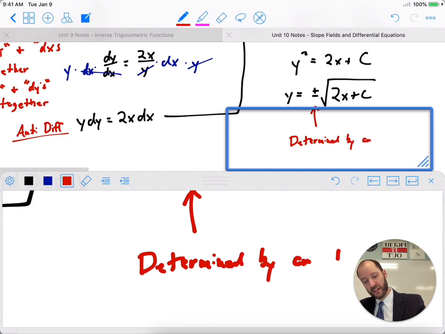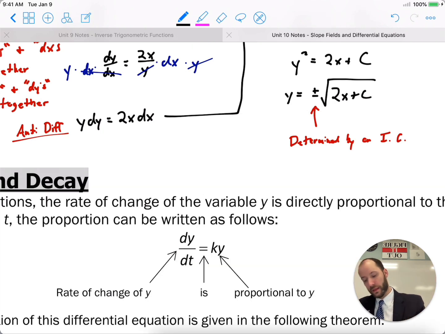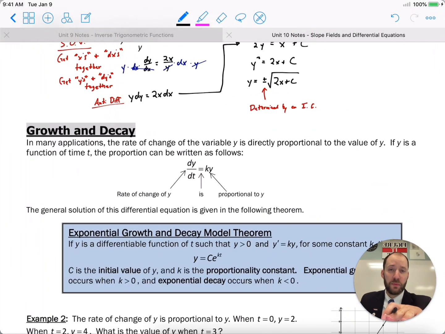Or sorry, not a c value, an initial condition. So for the differential equation, plus minus. Then, with an initial condition, you can decide, is it positive or negative? We'll see a lot more of those examples throughout the unit.